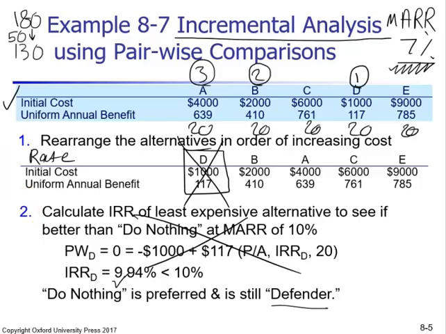Okay, so we continue with B. What are we going to do with B? With B, again, go and calculate the rate of return. And please do all the things yourself. It's very quick. No need for me to go and show you.